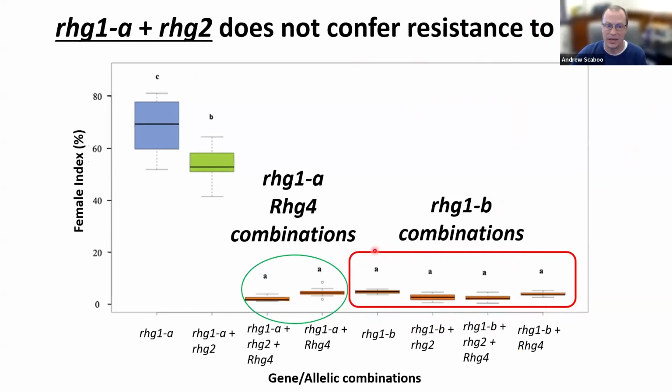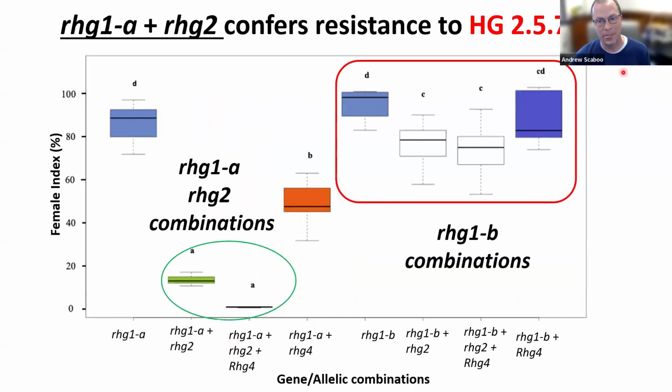The other combination that is important is RHG1A plus RHG4. That is another combination that really controls HG7 very well. What I also want to point out is that RHG2 and RHG1A do not control resistance. If you have only those 2 genes, you do not get resistance to this least virulent population.